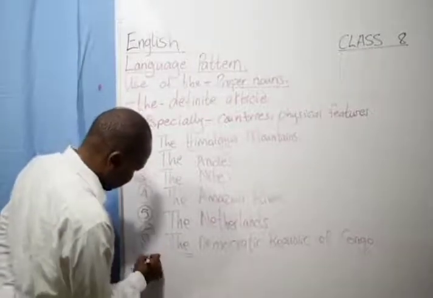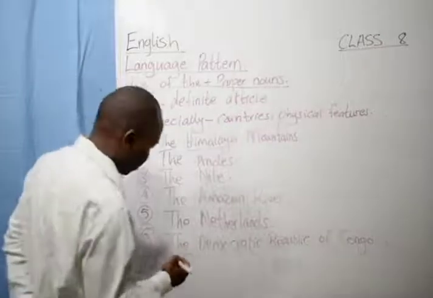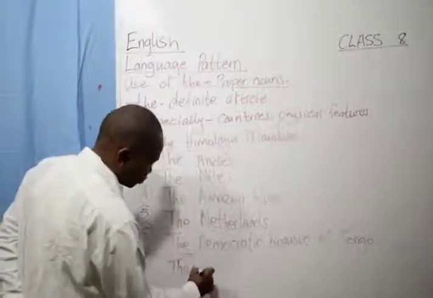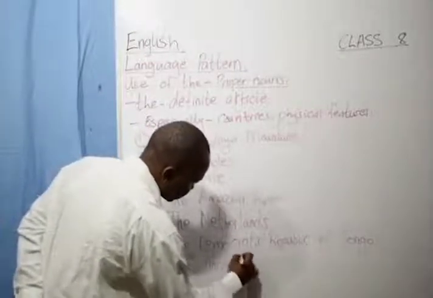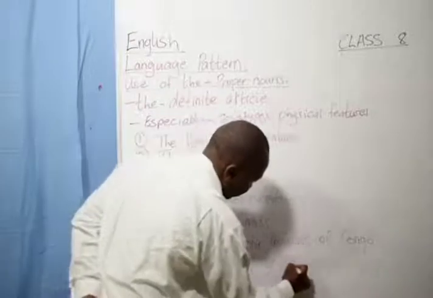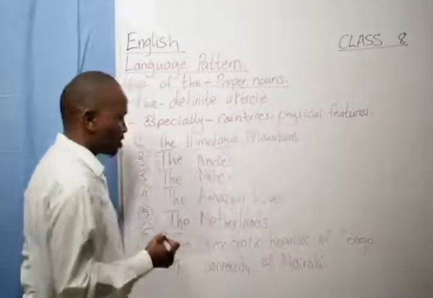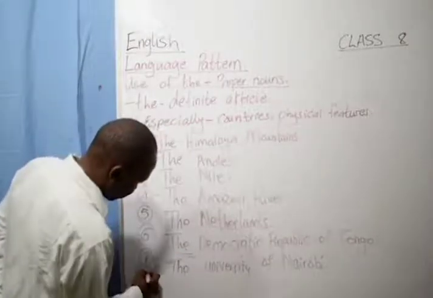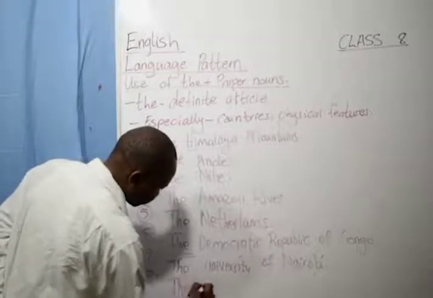Others will be institutions. For example, the University of Nairobi. You also have other government institutions.